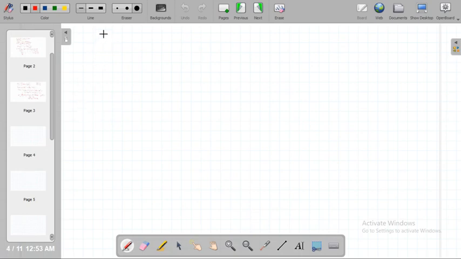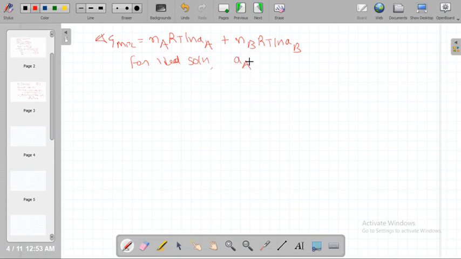So for the mixing, this delta G of mixing you will get nA RT ln aA for component A plus nP, number of moles of P, RT ln aP for component P. But for an ideal solution, the activity of a component is equal to its mole fraction, right?